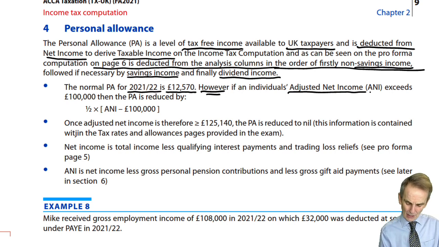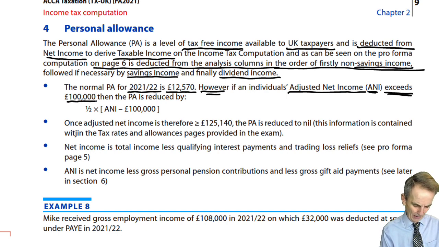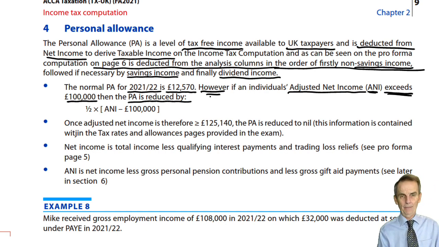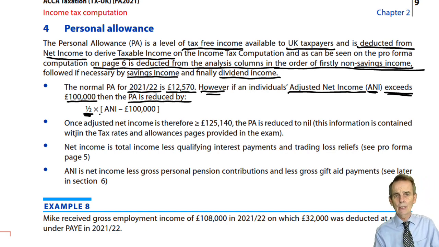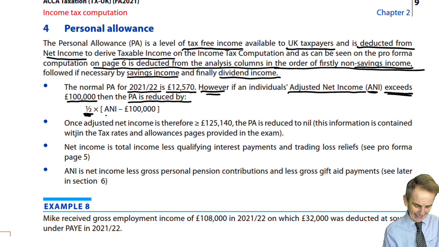But if an individual's adjusted net income exceeds £100,000, then the personal allowance is reduced by, and it's a simple deduction, half, or if you like percentages rather than fractions, 50% of the excess of that adjusted net income over £100,000.